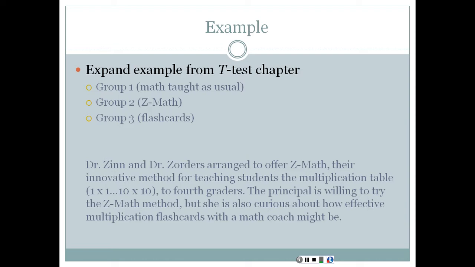Group 2, Z Math, and now we have a third group, group 3, which is flashcards. And so the Anova test is going to reveal which, if any, of these groups statistically significantly outperform the others. So this is just a little bit of background on this example.